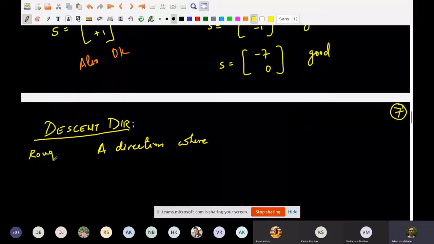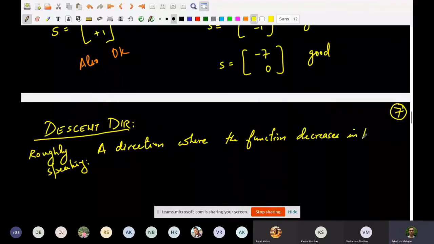Don't tell anyone that I taught you this, because I'm going to be very rough here. So if you move a little bit in this direction, you should see a decrease.